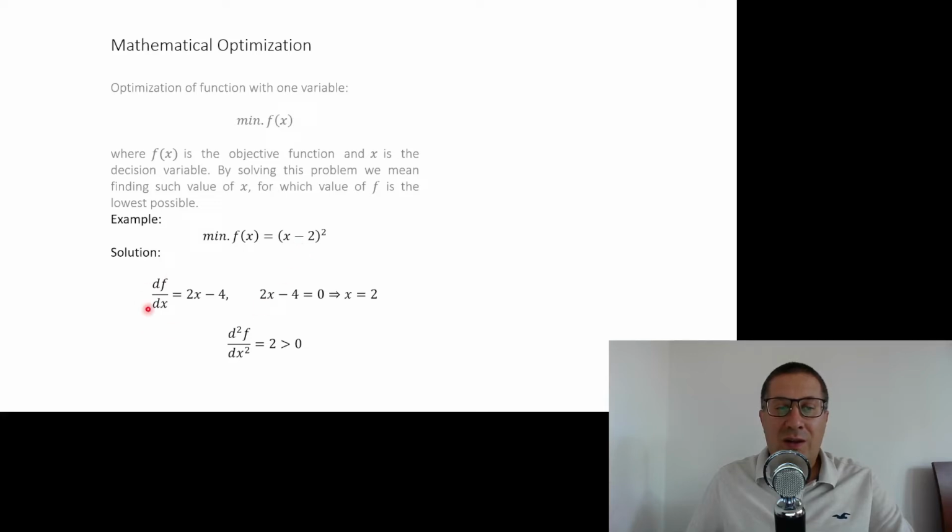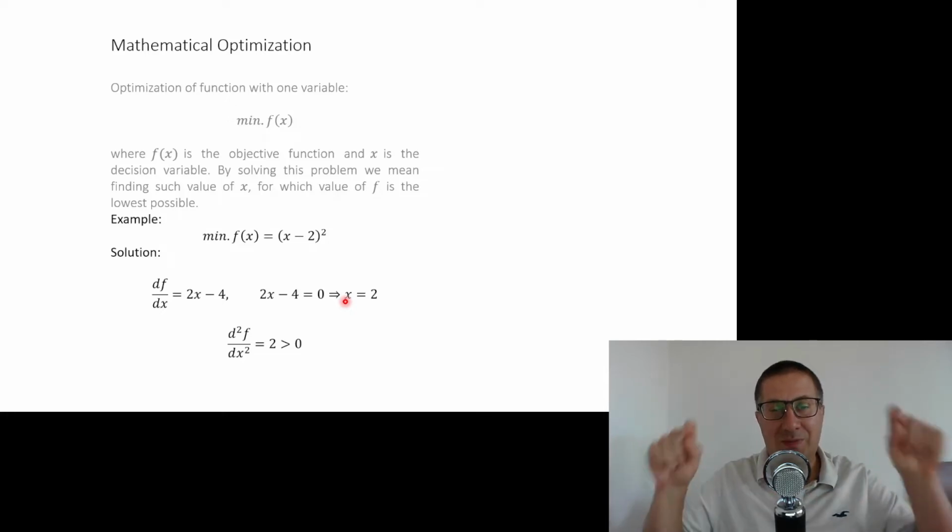So if we calculate the derivative of this function, this is the derivative, we have to check where it is equal to 0, and the optimal solution is 2, because for 2 it's equal to 0, and moreover the second derivative is positive, so the solution here is the minimum, not the maximum. This is the minimum of this function.